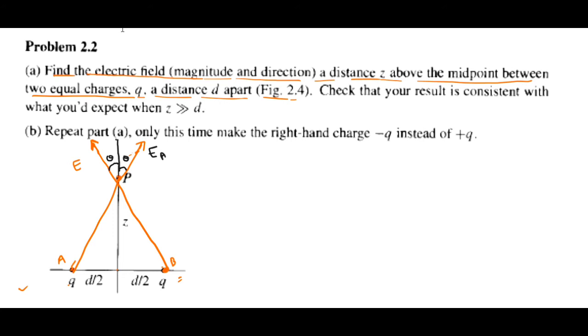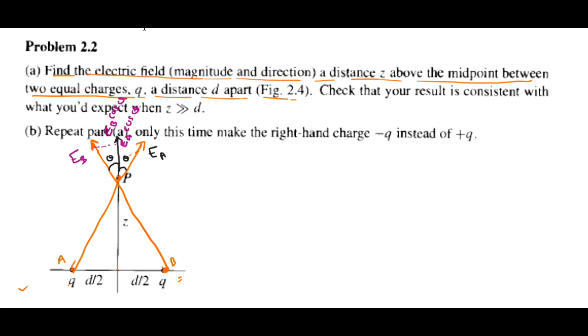Then if you resolve the electric field into two components, along the adjacent side this will be EA cos theta, and this other electric field you can denote by EB. If I resolve this one, as you know very well how to resolve these vectors, the adjacent side will be EB cos theta.